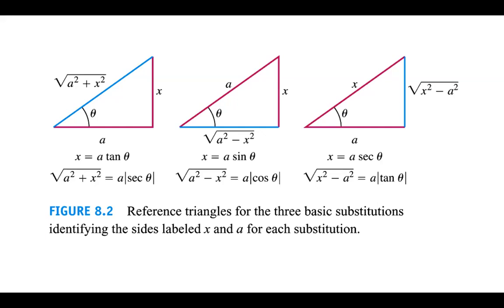Notice on each of these triangles, the square root expression simplifies to something with an absolute value in it. As long as theta is in the intervals that I was showing you on the previous slide, then the corresponding trig function will be greater than or equal to 0, and you don't have to worry about those absolute values.